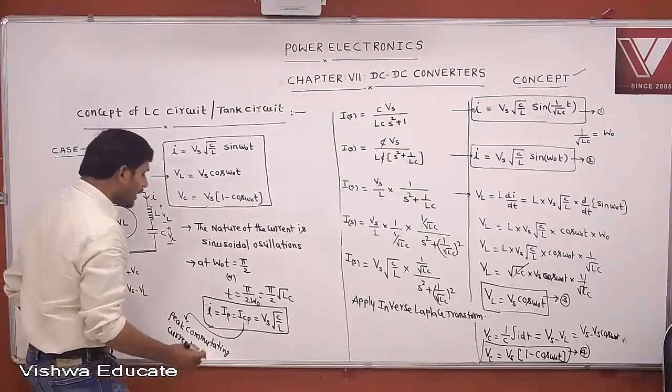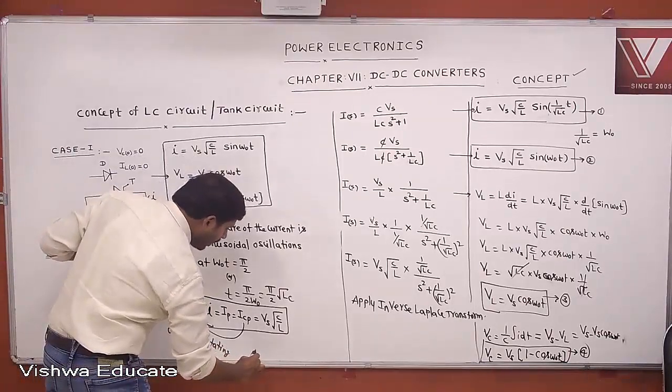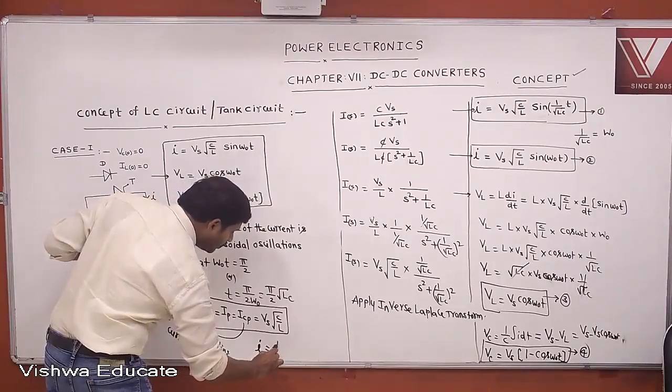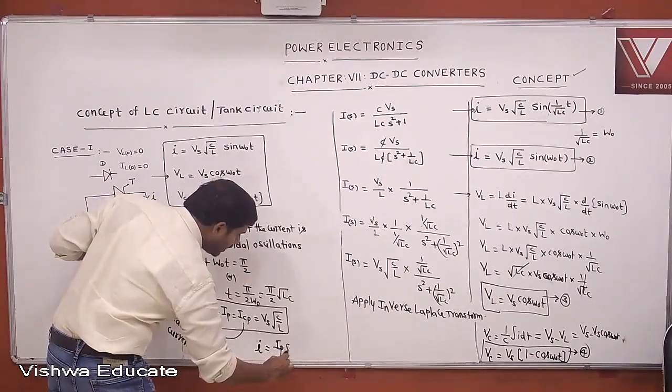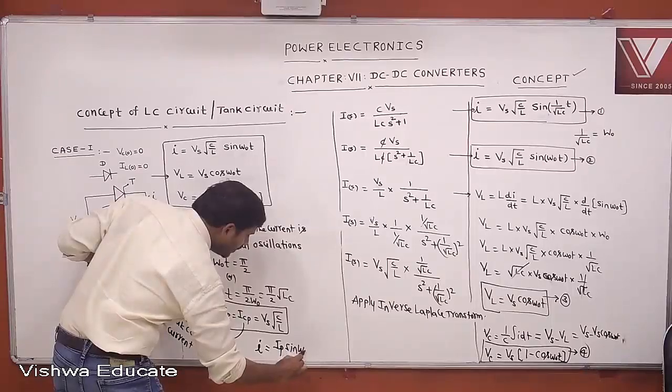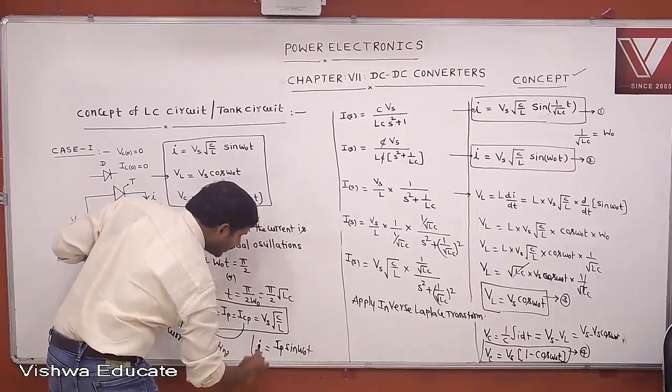Once you know the peak current, you can write the expression for the instantaneous value of I equal to IP into sin omega naught t.